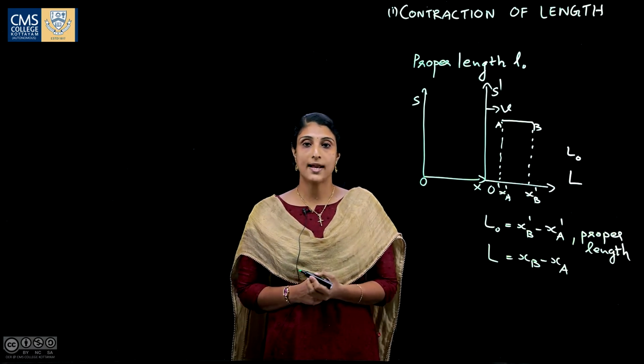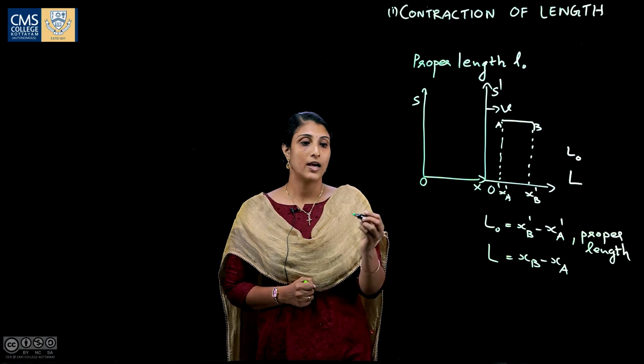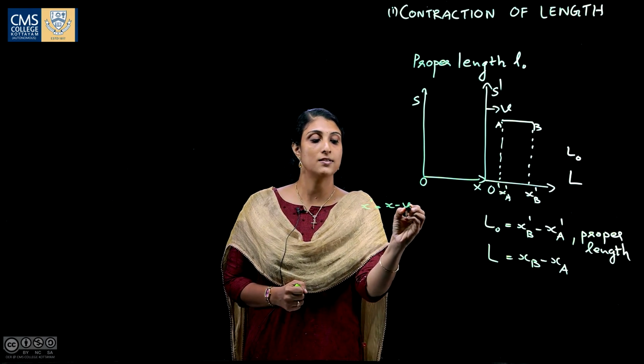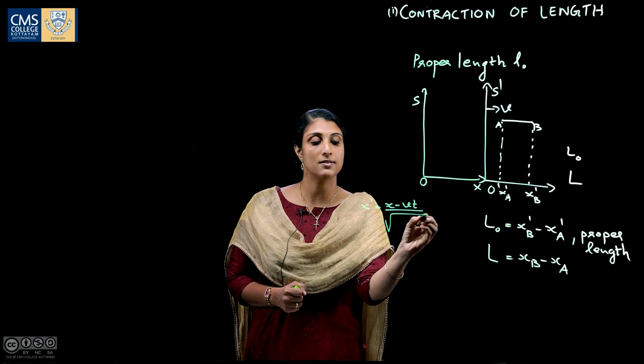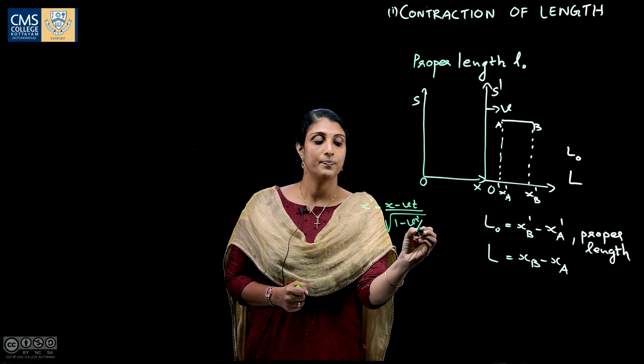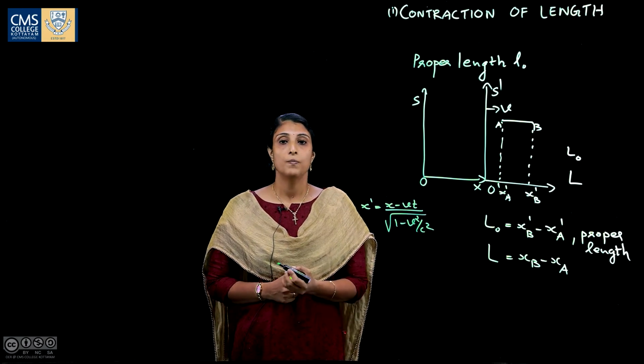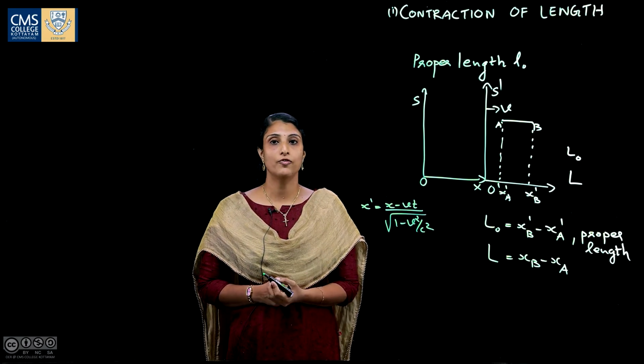From the Lorentz transformation equations, we have x dash equals x minus Vt by root of 1 minus V square by C square. This transformation equation is based on the postulates of special theory of relativity.